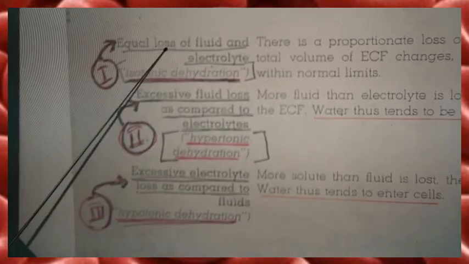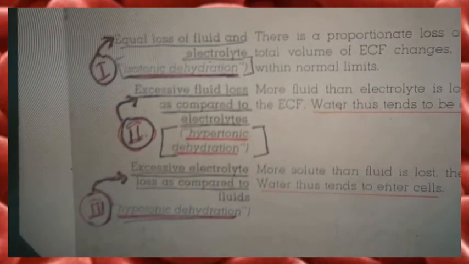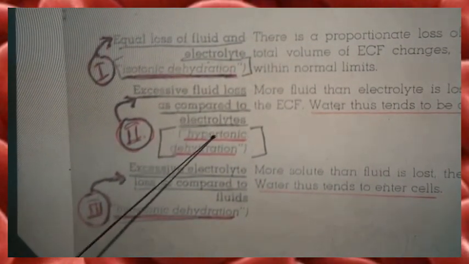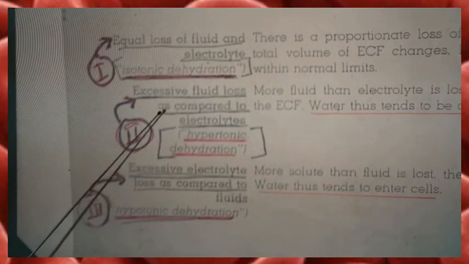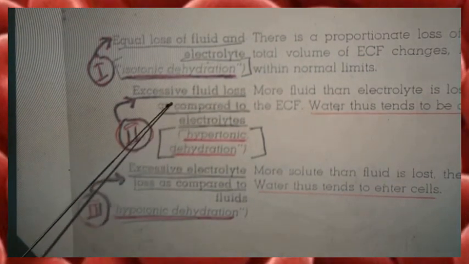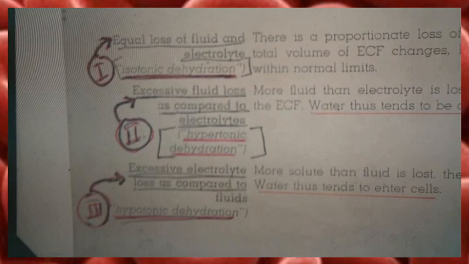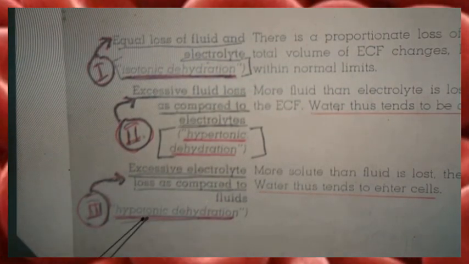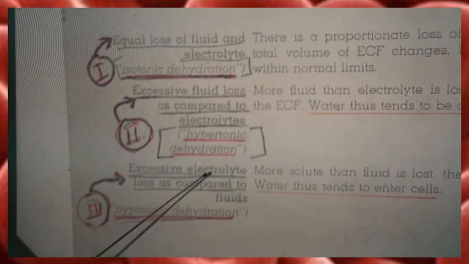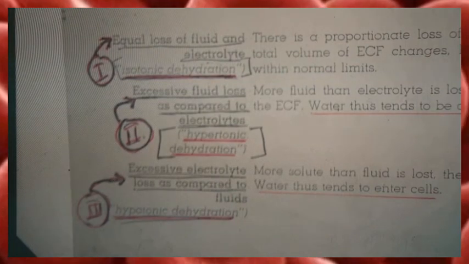You see, there are three types of dehydration. First, isotonic dehydration, equal loss of fluid and electrolytes. Or hypertonic dehydration, excessive fluid loss as compared to electrolytes. And hypotonic dehydration, excessive electrolyte loss as compared to fluid.